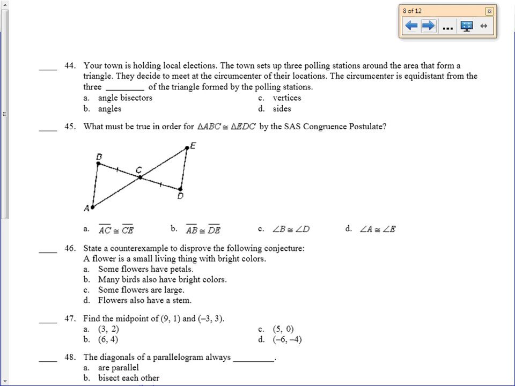Really, it's not necessarily the angles, but the vertices. They're trying to get you to understand it comes at the same distance from each polling station. So regardless of where you leave from, it'll be the same place.